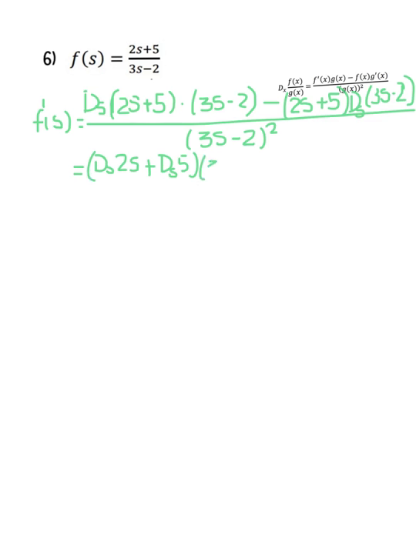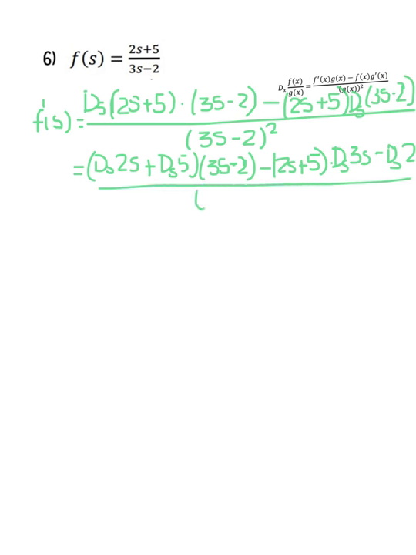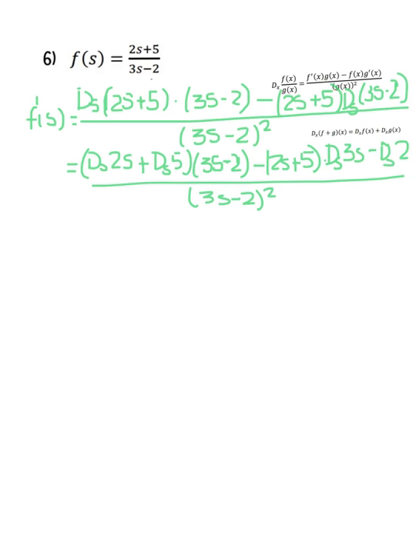And this time, 3s minus 2 minus 2s plus 5 times the derivative of 3s minus the derivative with respect of s of 2, over 3s minus 2 squared. And what we used in this case was the sum rule.